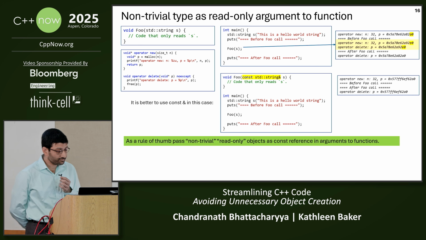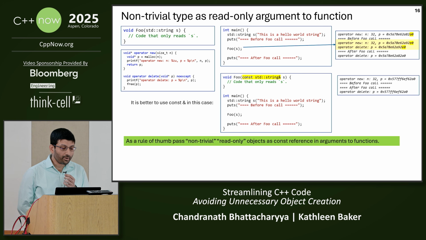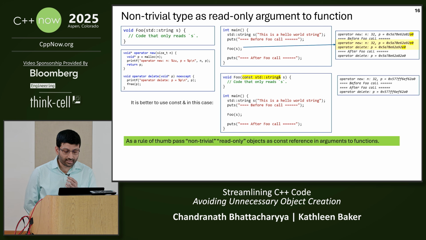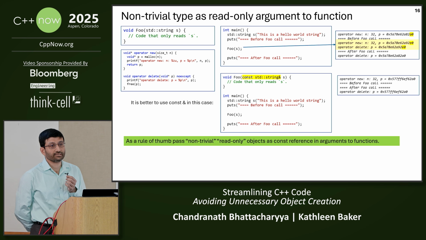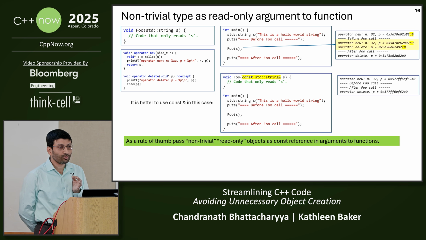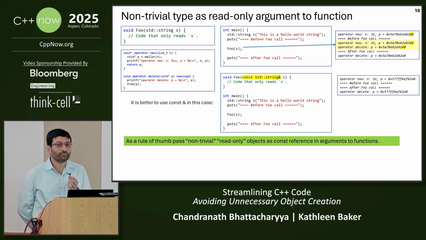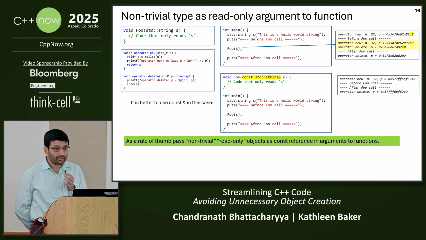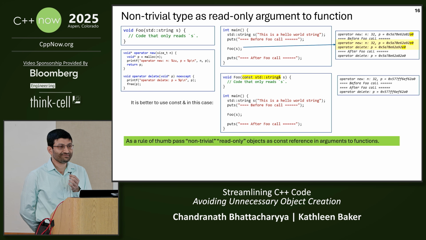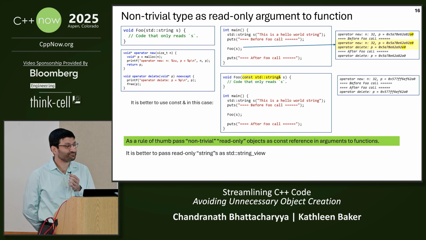So, guidance: as a rule of thumb, pass non-trivial read-only objects as const reference in arguments to functions. Note that the example was with std::string, but the principle applies to any type which has a costly copy operation. Now, string is special, so it has a special view-only type.